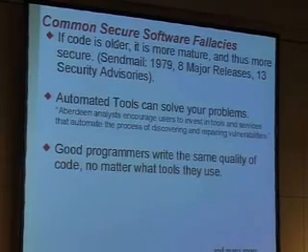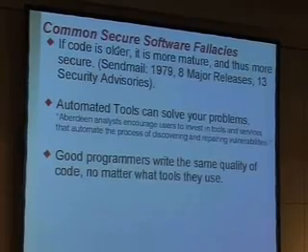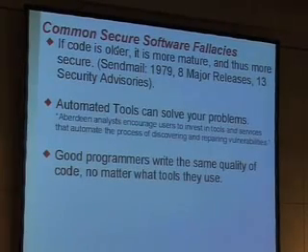I'd like to clean up with some common secure software fallacies that I hear very often, also at conferences like this one. There are claims, for example, from the Aberdeen Group, whom I really don't know, but in 2002 I read an article about them and then looked for the paper.